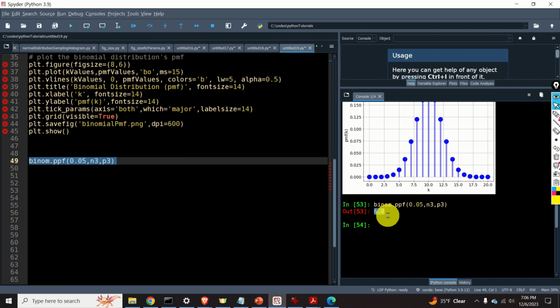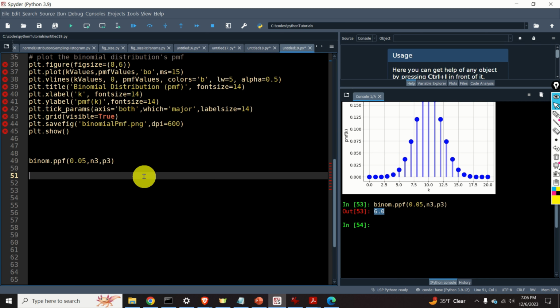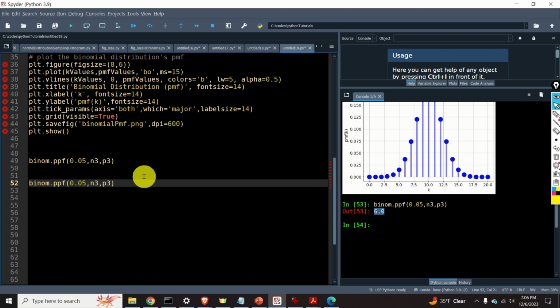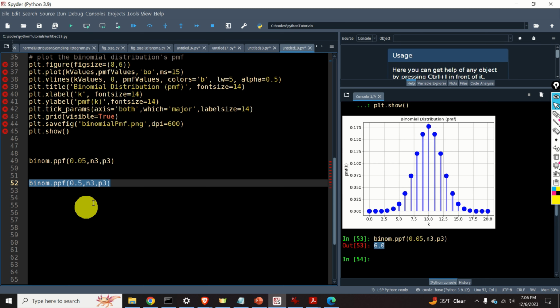Okay, it's number 6. So when k is equal to 6, we obtain the 5th percentile. Okay, let's verify the percentile corresponding to 50 percent. Consequently, over here we will type 0.5, and the result should obviously be 10.